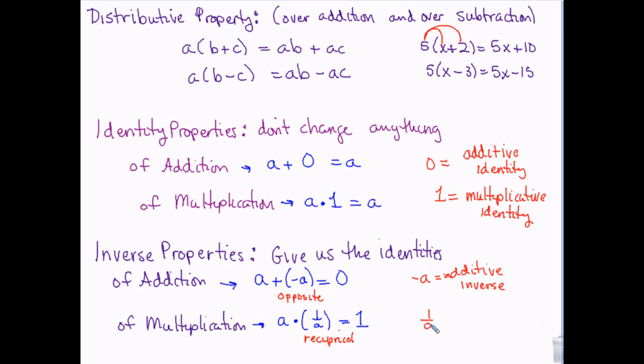And 1 over A is the multiplicative inverse. These things come up a lot of times. Mostly it'll be like the multiplicative identity that you would use.